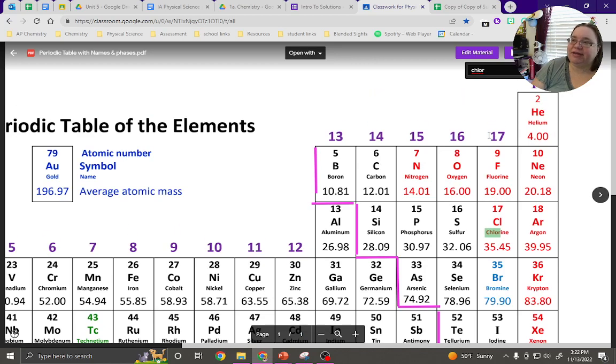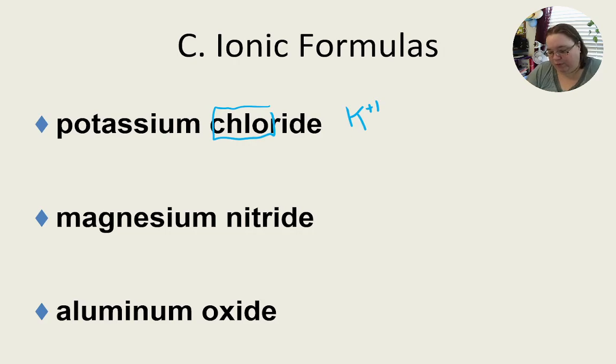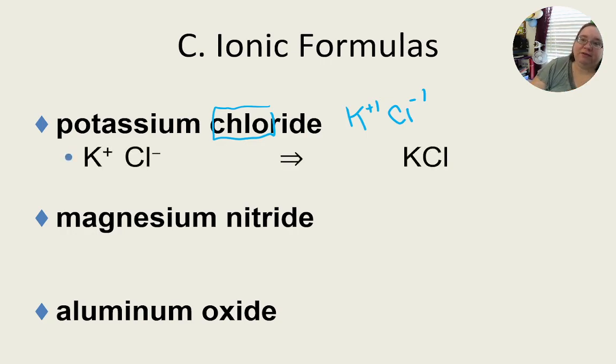Chlorine is in group 17, and everything in group 17 forms a -1 charge. So those charges cancel out. They automatically balance each other. So all I have to do is write the elements' symbols. The chemical formula for this compound would be KCl.